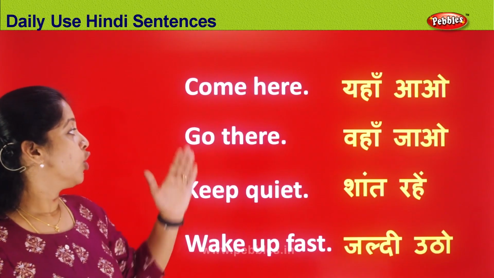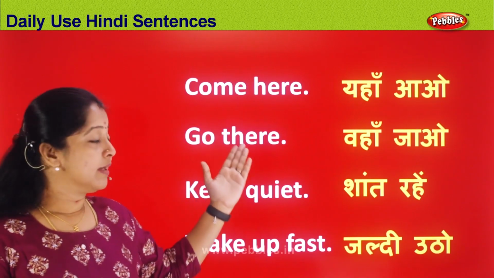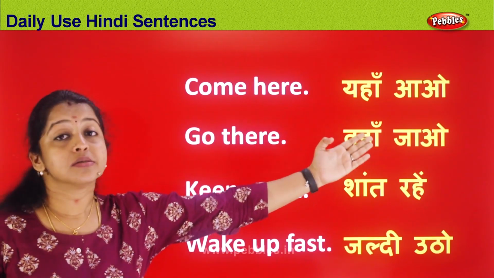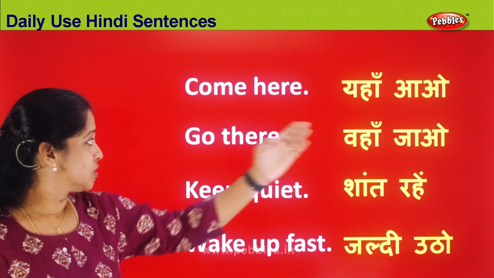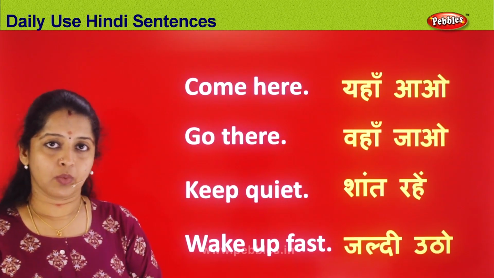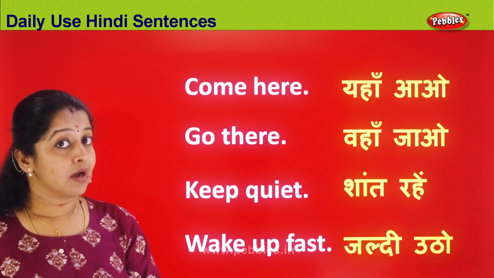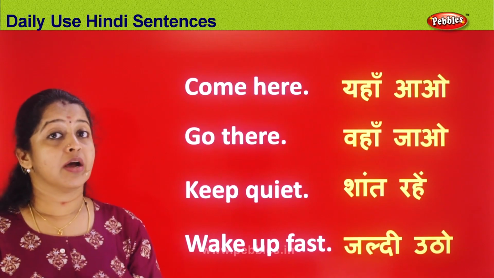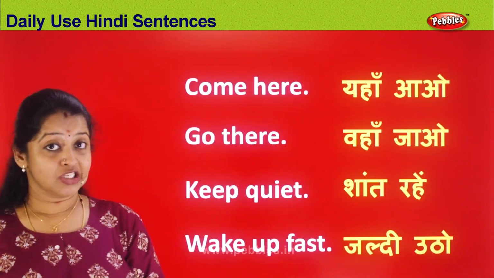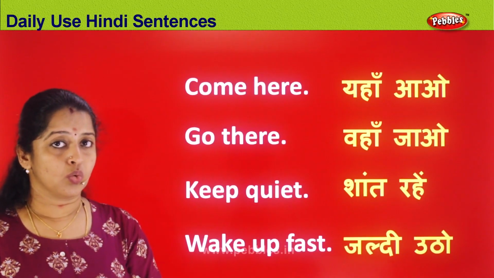Alright, next, go there. So go there can be said as Wahan jao. Wahan stands for there and jao stands for go. Okay, we can say Monica, Wahan jao. Reena, Wahan jao. Lakshmi, Wahan jao.